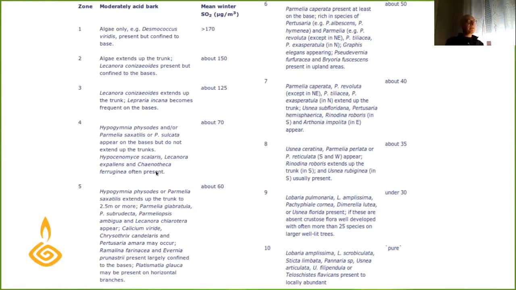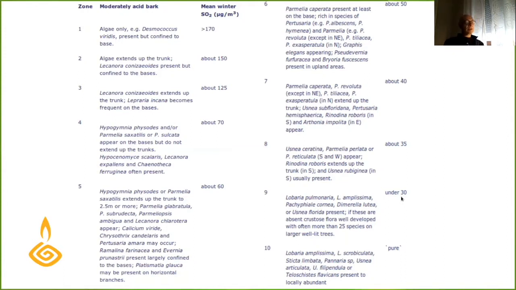And based on this mix of lichen species, you have to give a judgment about the pollution zone, from very polluted, where only very insensitive, very toxic-tolerant algae can survive, to places which are defined as pure, with very sensitive species like Lobaria, Sphaerophorus, Usnea, etc. Now, of course, these levels of air pollution by sulfur dioxide are very high, at least in Europe.